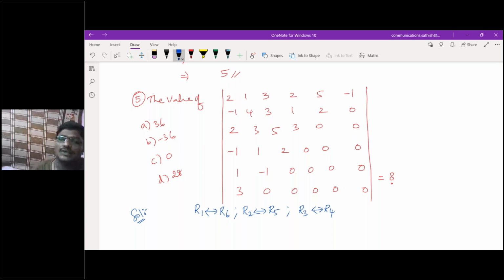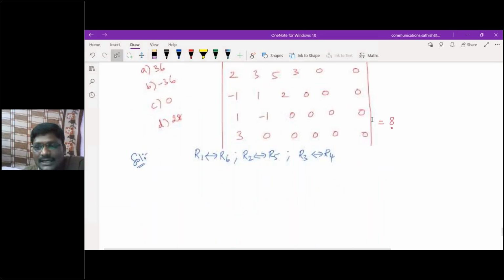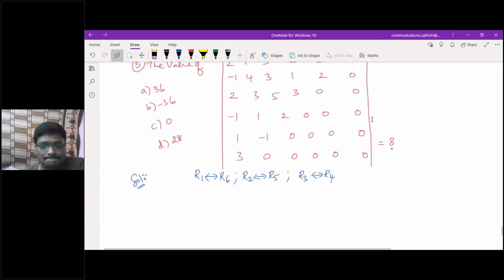If I interchange, the first row will go to the sixth row and the last row will go to the first row. The second row and fifth row swap, and the third row and fourth row swap. Am I correct? Yes, sir. Are you following me? Yes, sir.